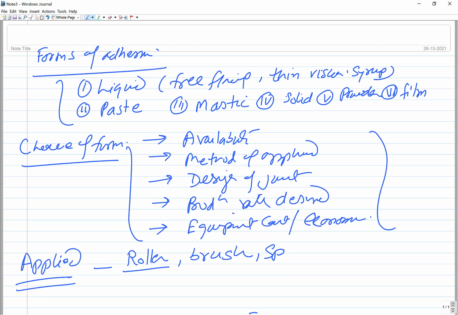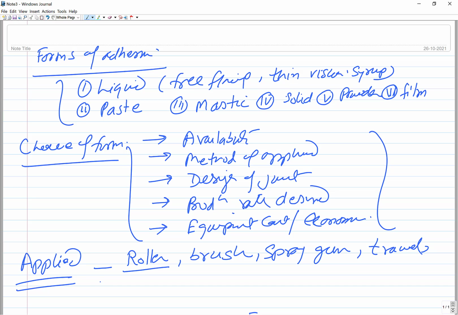Then there is a spray gun, so you put the adhesive in liquid form, obviously, and then it is sprayed. Then trowels are also used for applying.